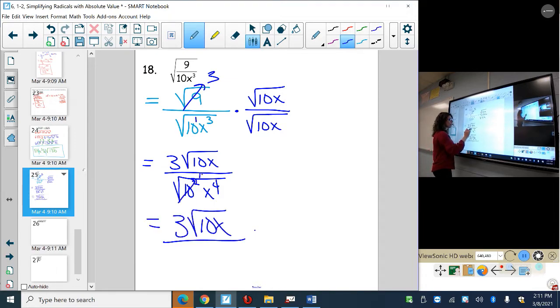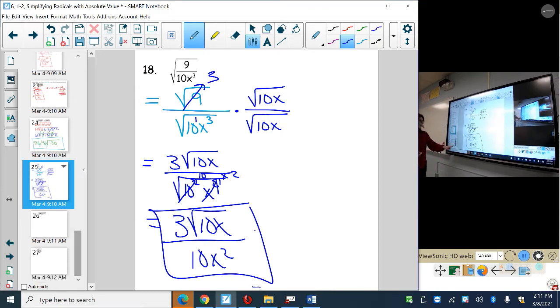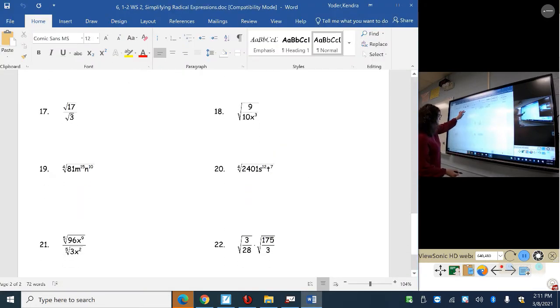The 10 comes out, and the x to the 4th comes out as an x squared, so that's 10x squared. Done. Now, I do not need to have absolute value bars because this is an even root with an even power, so I'm okay.